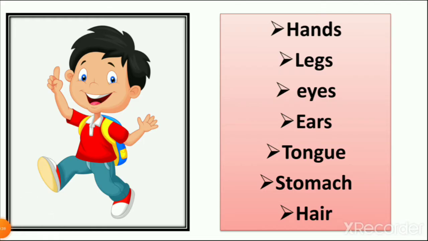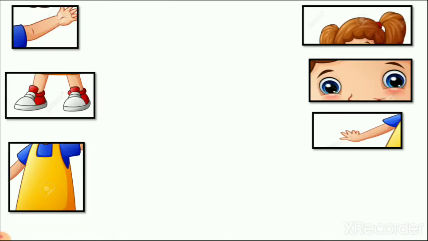These are all our body parts, and today we learn about legs, right? In the previous lecture we learned about hands, and today we learn about legs. So let's see how legs help us and the different parts of legs.